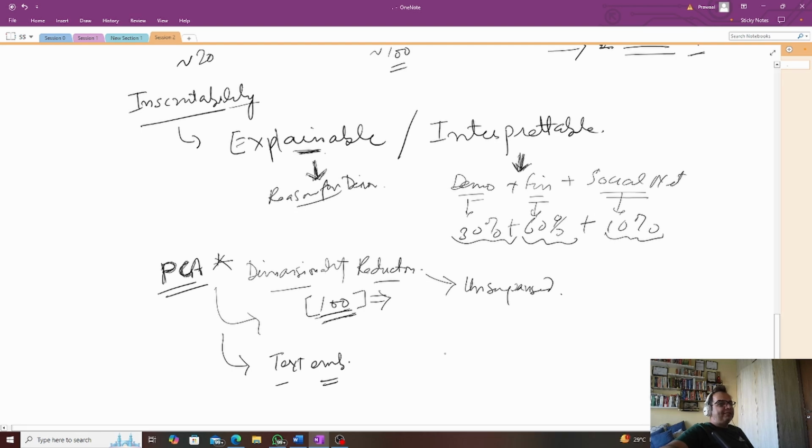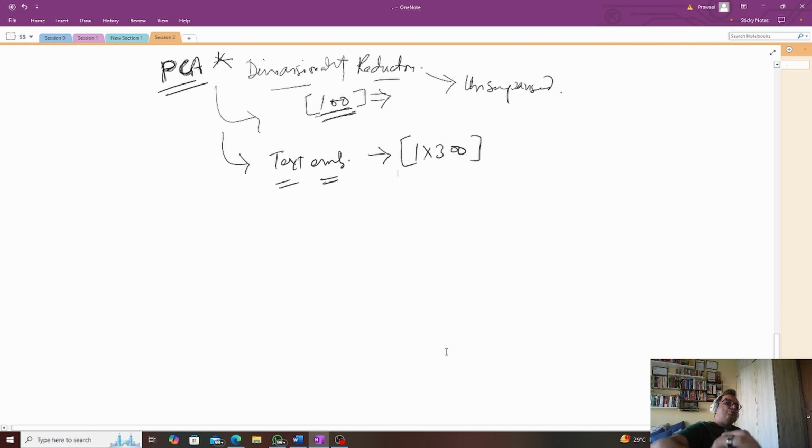Text embeddings are generally vectors, say 1 by 300 or larger than this. So if I have text embeddings for words and I want to represent them in a two-dimensional space, that's also where my PCA will help.